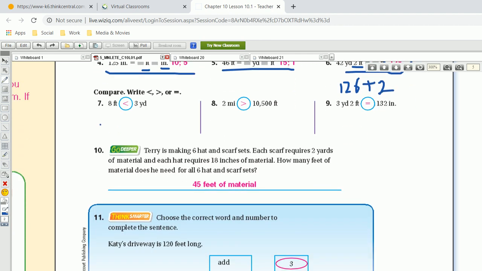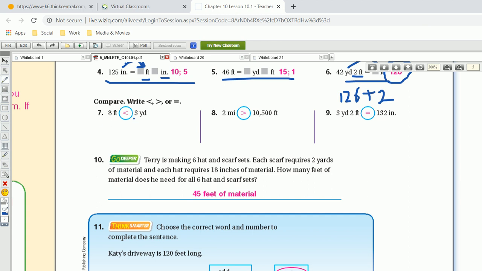Okay, the same here, 8 feet, greater than, smaller than, or equal 3 yards. If you want to compare between 2 units, you have to convert one of them to look like the other one. Okay, where is the big one? Feet or yard?